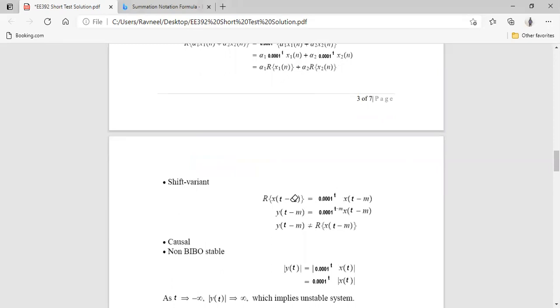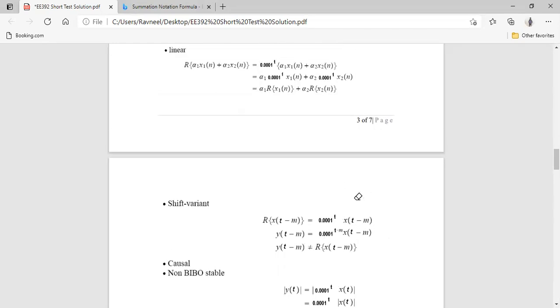Over here, if we introduce a shift into our x of n by m units, we are replacing basically, and we get this particular part. If we're introducing a shift in our output, this is what we get. If we introduce a shift of m units into our input, the whole formula will be rewritten as this, that is 0.001 of t x of t minus 1.